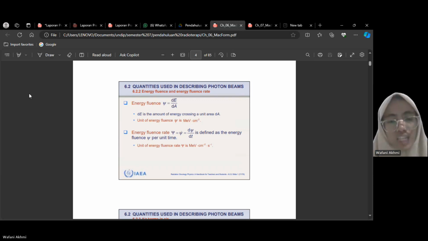Energy flux rate is defined as the energy flux per unit time. Unit of energy flux rate is mega electron volt per centimeter squared per second.